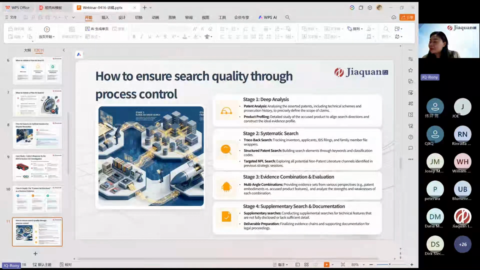At the same time, we also need to clearly understand the technical solution of the accused product, because sometimes the scope of protection of patent claims is very broad and may cover multiple solutions or embodiments. And our accused product is just one of them. Therefore, understanding the product and then conducting highly targeted searches helps us obtain the best evidence.